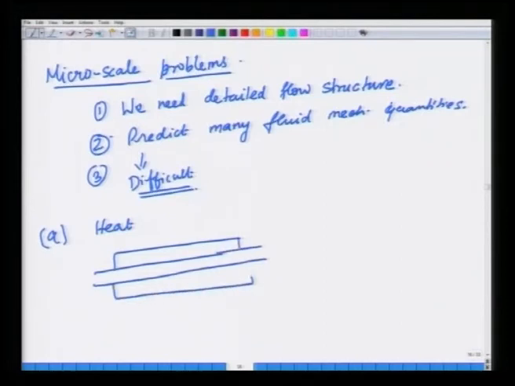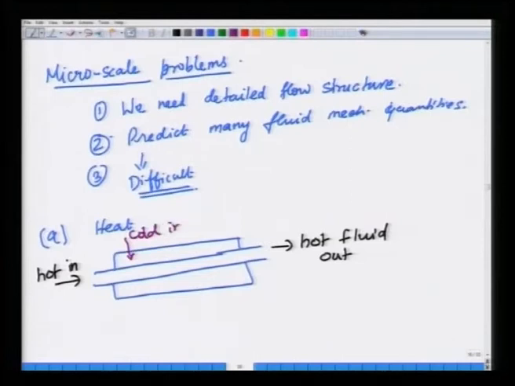Okay. So, you have, let us say, hot fluid in and hot fluid out in the inner pipe, and cold fluid enters in the outer jacket and cold fluid leaves like this.